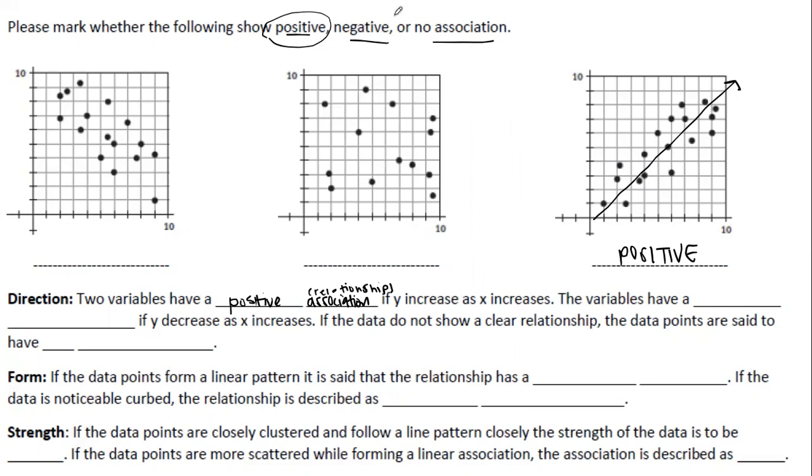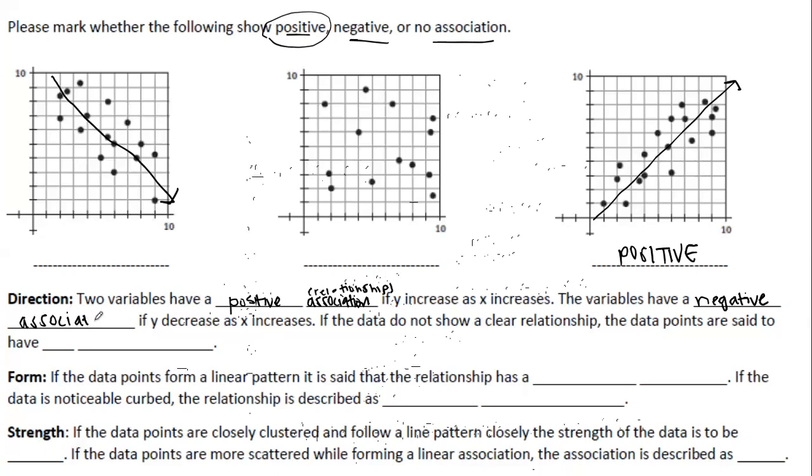Which graph would you say is negative association? The first one, absolutely. This trend is going down. It's a negative trend of values where the variables have a negative association, if y decreases as x increases.